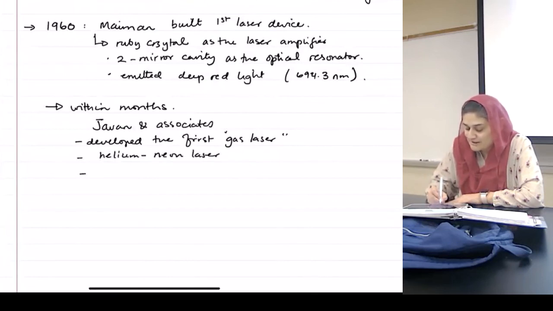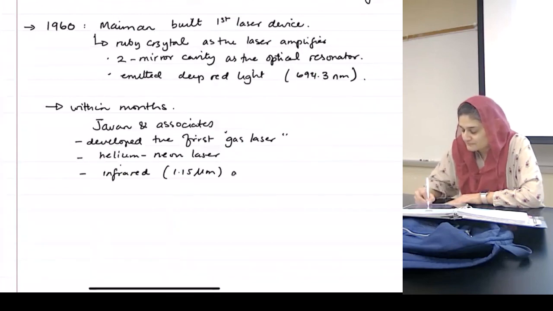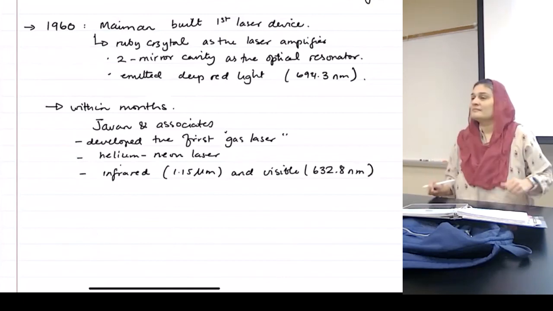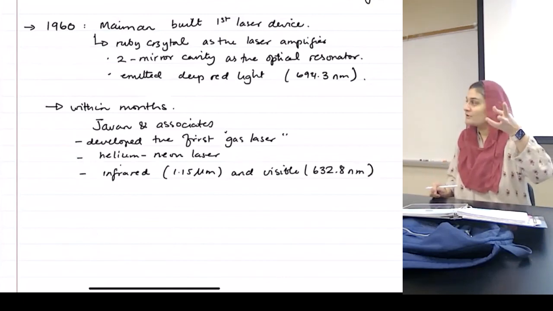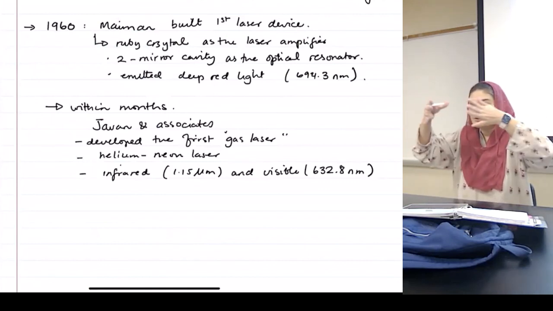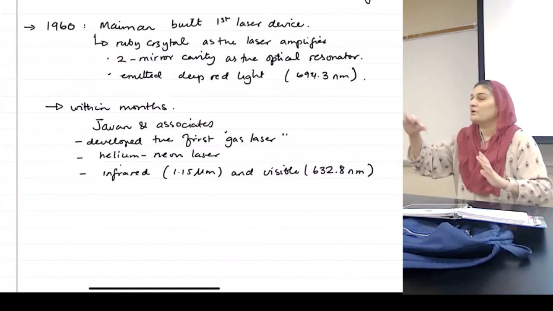And that emitted light in both the infrared at 1.15 and visible regions. So it can be in the infrared region, or it can be in the visible region. And so very quickly, people discovered both ways to do it.